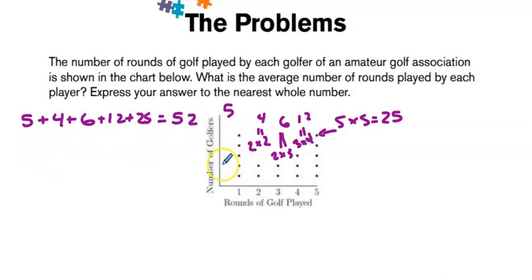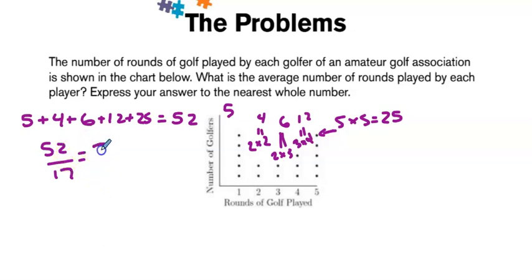Now if we count up how many golfers we have, we should have 17 golfers: 5, 10, 13, 14, 15, 16, 17. So 52 divided by 17. Now when they told me to express my answer to the nearest whole number, that cues me in that this is probably going to be a decimal, but I'm not super worried about which one it is.